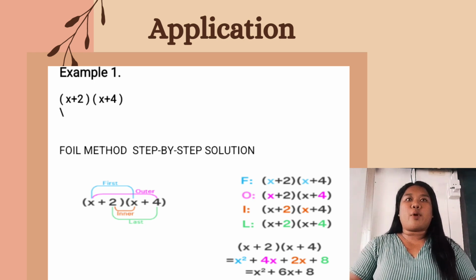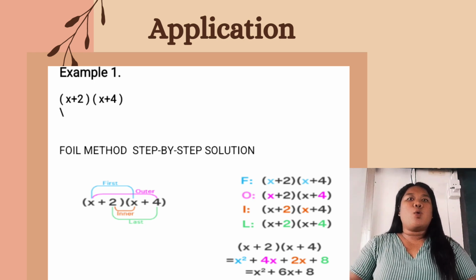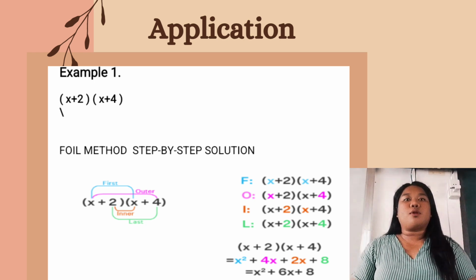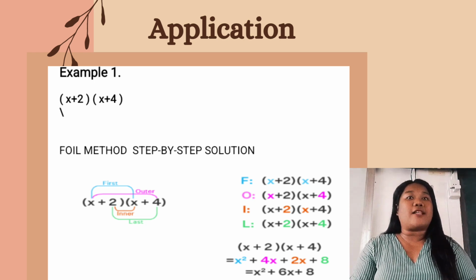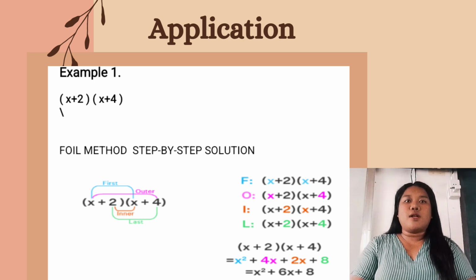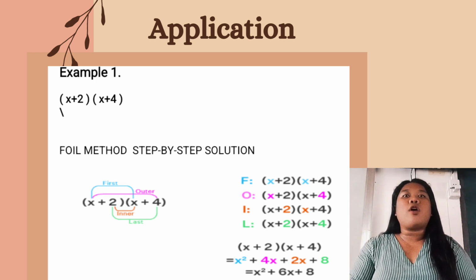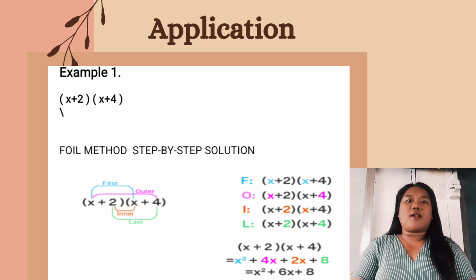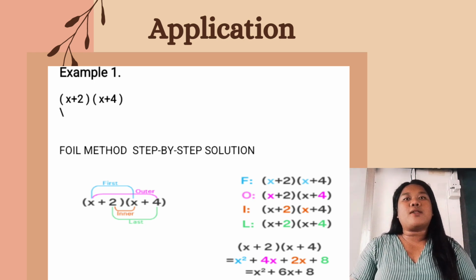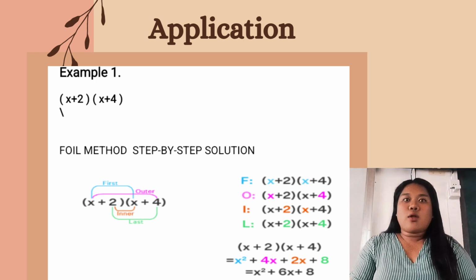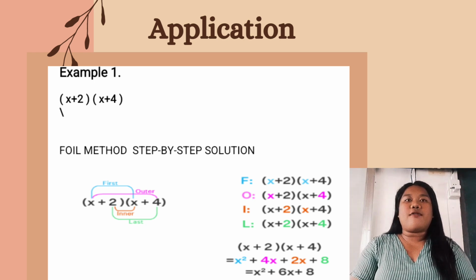So using our FOIL method, as I said before, you are going to multiply the first term to the first term, the outer term to the outer term, the inner term to the inner term, and the last term to the last term. So we are going to have x times x, so we have x squared, and the next is x times 4, so we have 4x, and then 2 times x, we have 2x, and our last term, 2 times 4, we have 8.